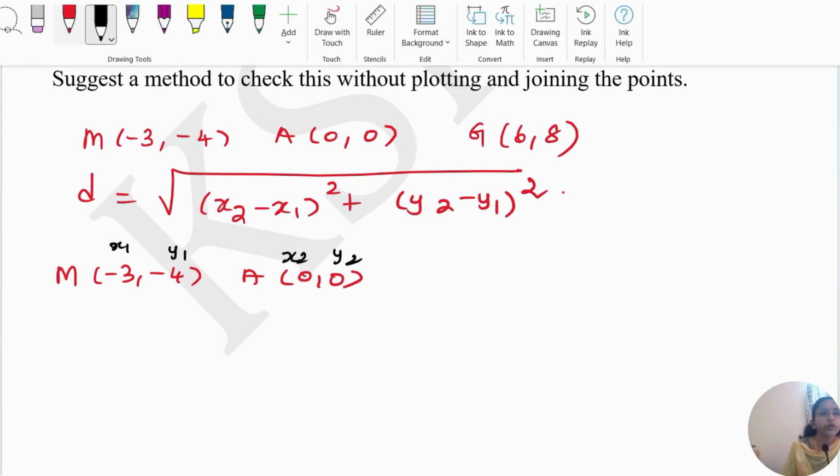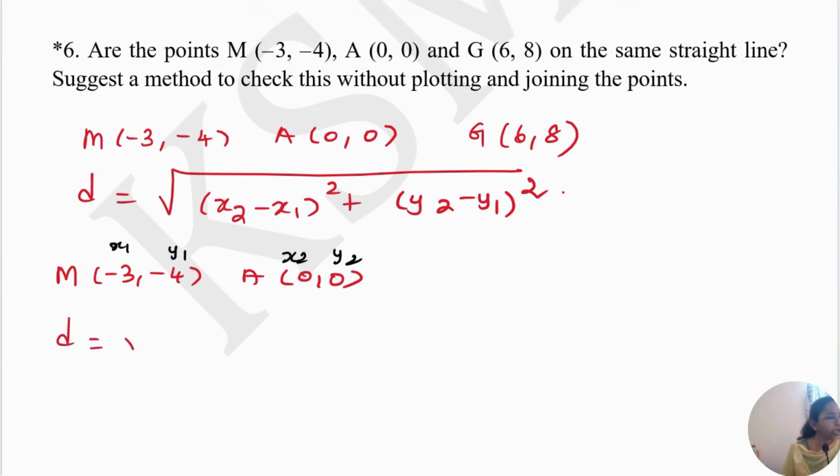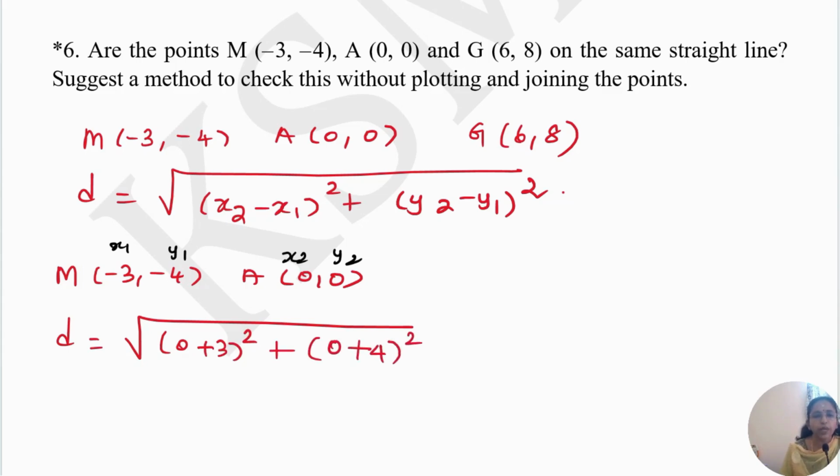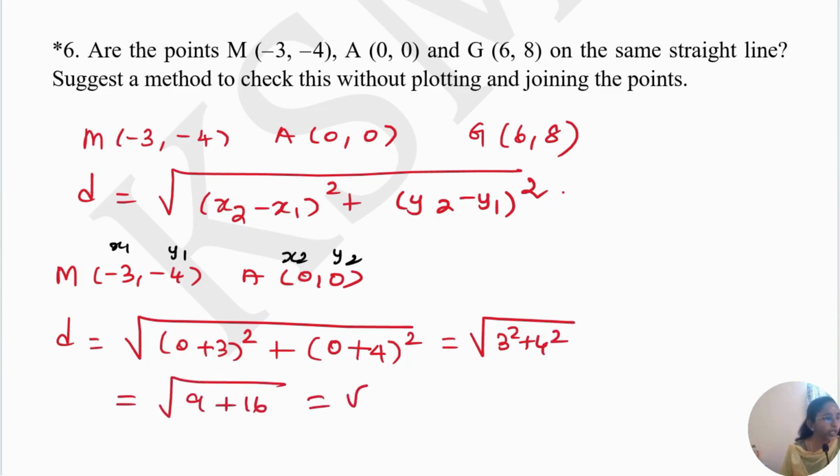Now substitute in your formula. D is equal to root of (0 minus of minus 3) whole square plus (0 minus of minus 4) whole square, so 3 square plus 4 square, that is root of 9 plus 16, root 25, which is equal to 5 units.